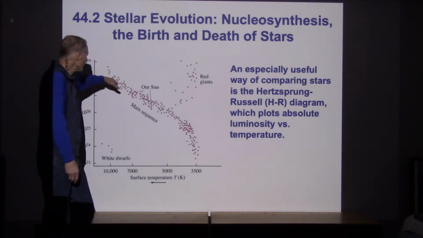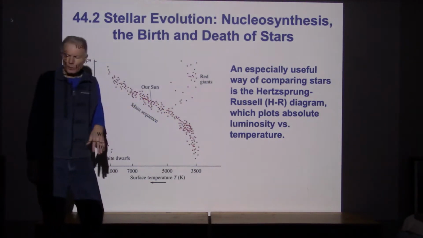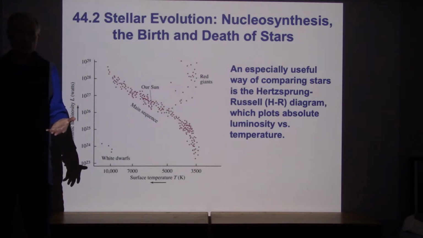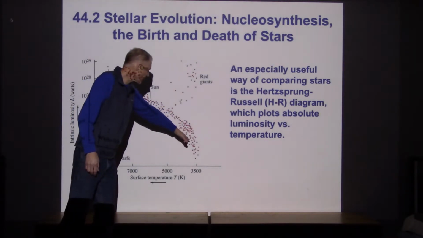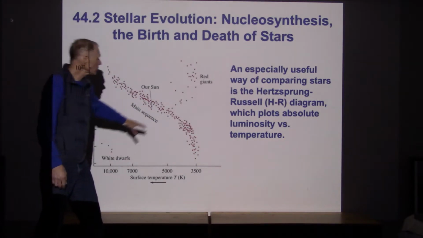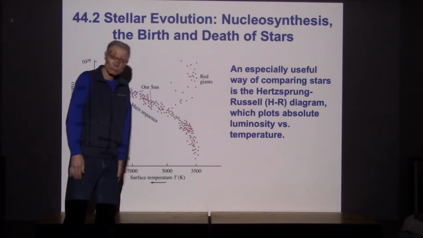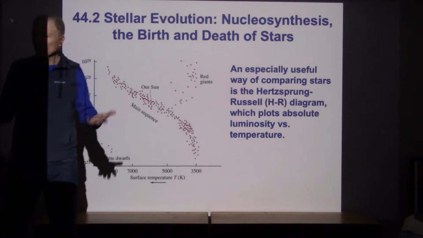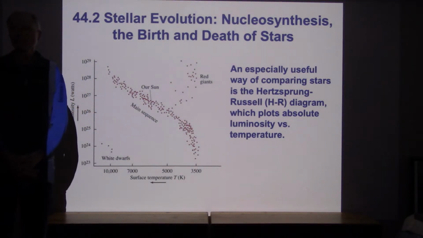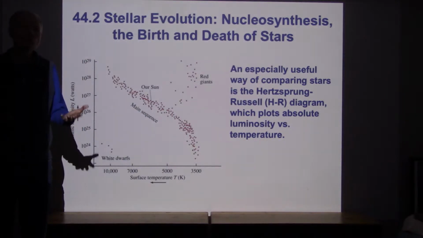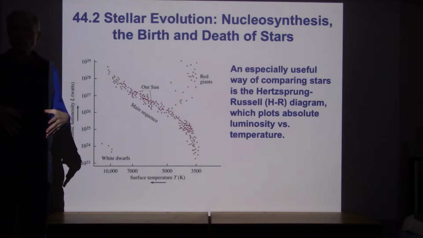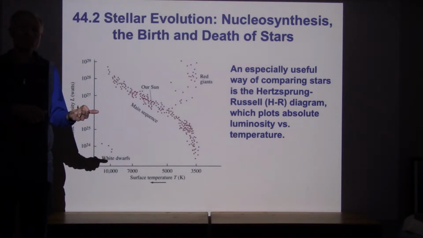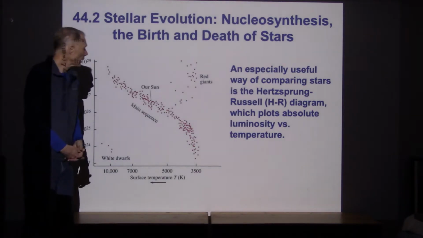Now we've said a few times that the main sequence consists of stars that are in the process of hydrogen-helium fusion. What about these other classifications? When the hydrogen fuel runs out, for the lowest mass stars, the fusion just shuts down, they cool down, that's it, they've run out of fuel. So the lowest mass stars don't have enough gravitational force to generate high enough temperatures to fuse elements heavier than helium.